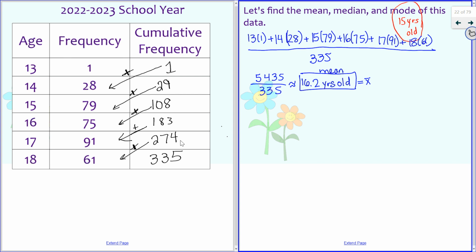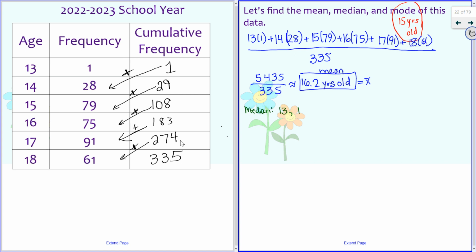So when we think of our median, I want you to picture all of the students in the school standing in a row according to age, kind of shoulder to shoulder. You would have, first off, your 13-year-old freshman, and there's only one of them.